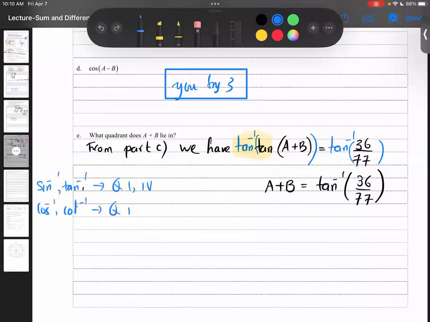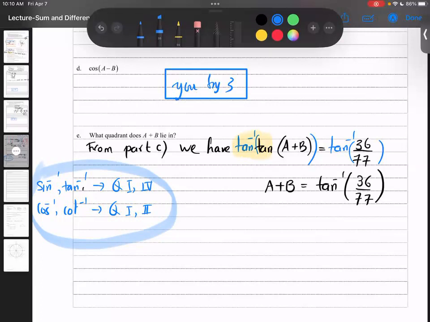Maybe you want to write that down. When I specify a quadrant, you are not allowed to pass through the others. For sine or tangent inverse, you are not allowed to pass through quadrant 3 or quadrant 2, right?